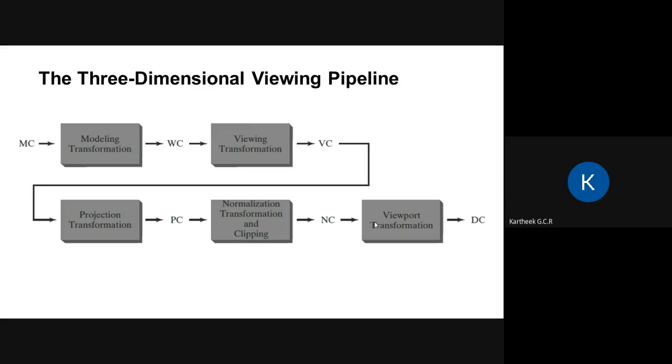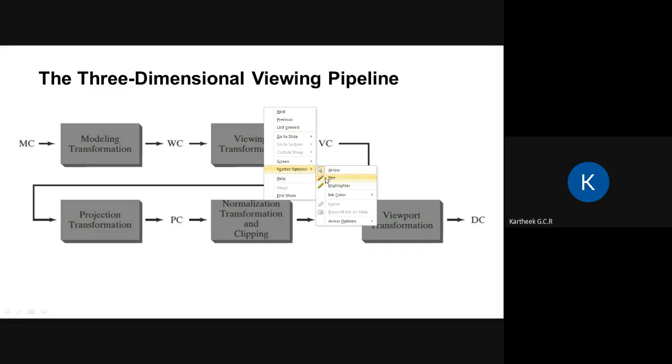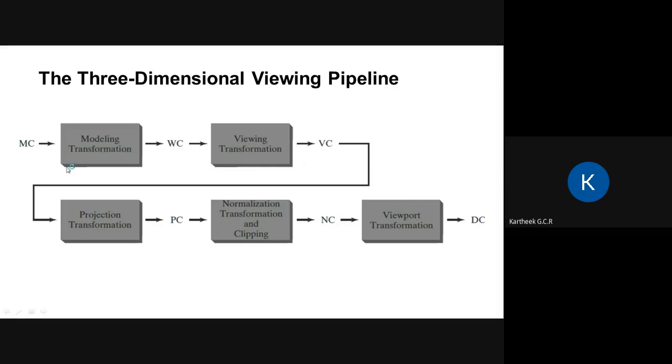Three-dimensional viewing pipeline. Like the 2D viewing pipeline, we also have a pipeline to process a three-dimensional image. The first stage of the three-dimensional viewing pipeline is the modeling transformation. The modeling transformation starts with model coordinates.